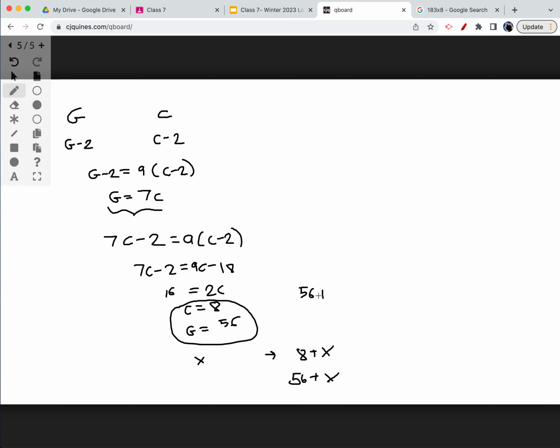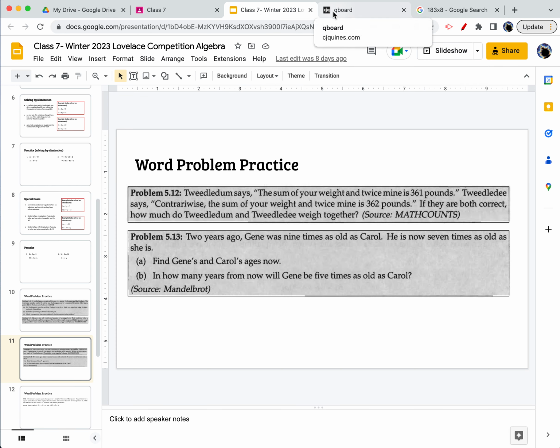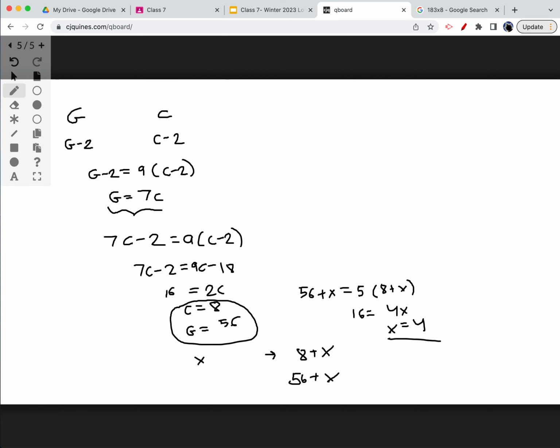So 56 plus X is equal to 5 times 8 plus X. Then we get 16 is equal to 4X, so X is equal to 4. So in 4 years, Jean will be 5 times as old as Carol. I think that's what you said, yeah.